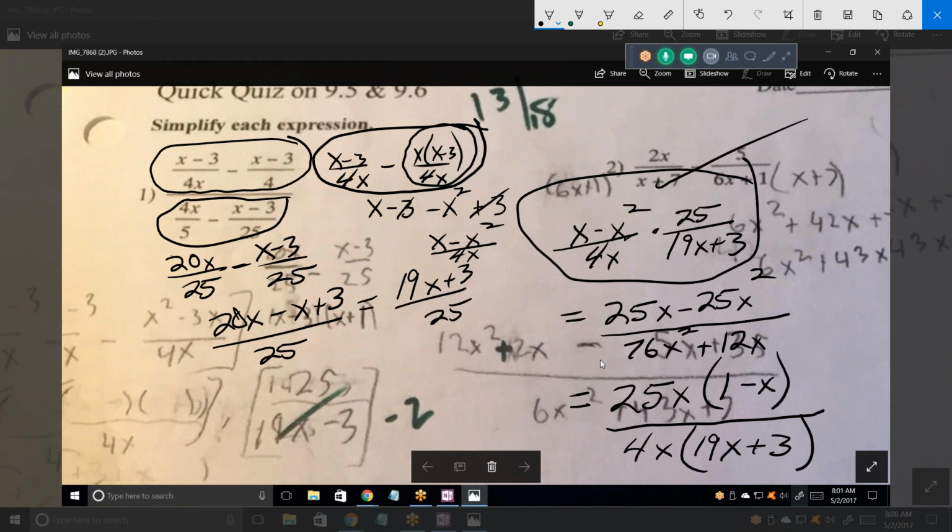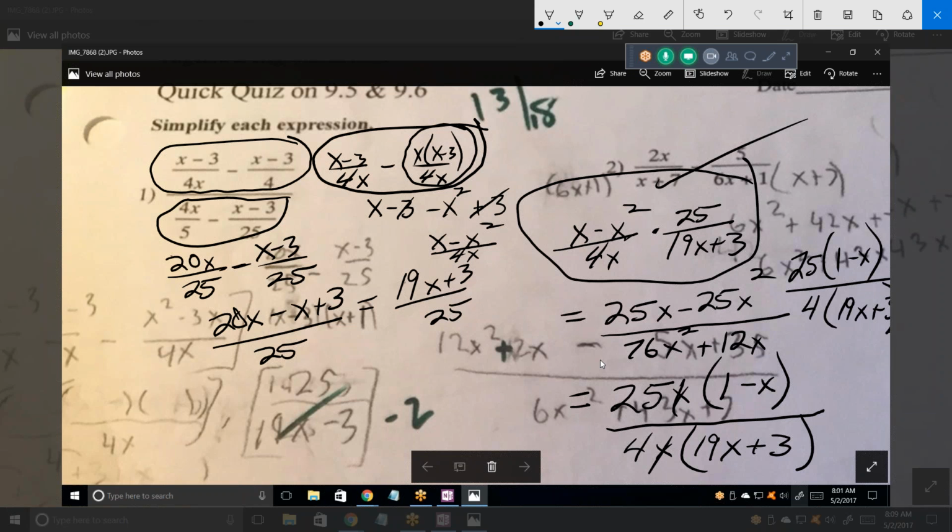And now I can simplify by crossing off that x with that x, because there's only multiplication going on. And so therefore I can cross those x's out, and my final answer should be, and you can definitely leave this in factored form, 1 minus x in the numerator, and in the denominator, 4 times 19x plus 3.